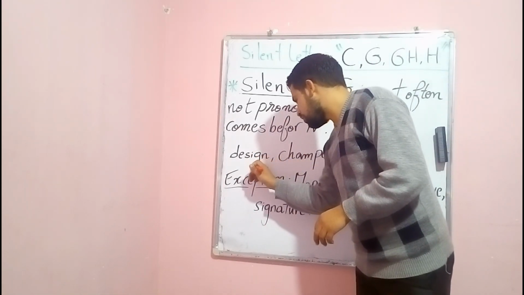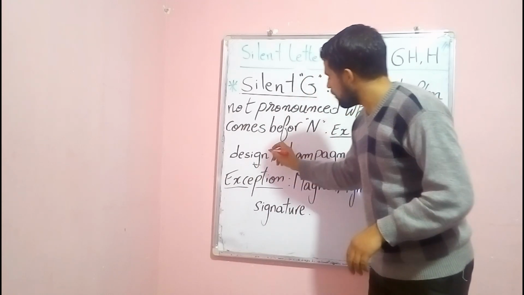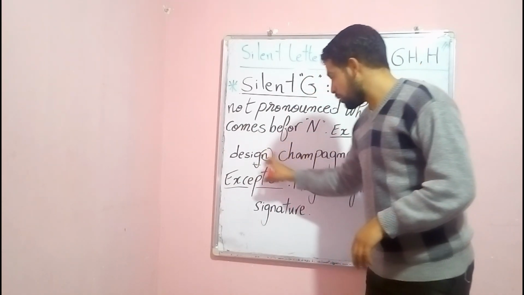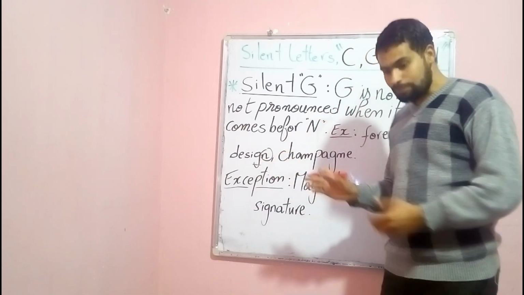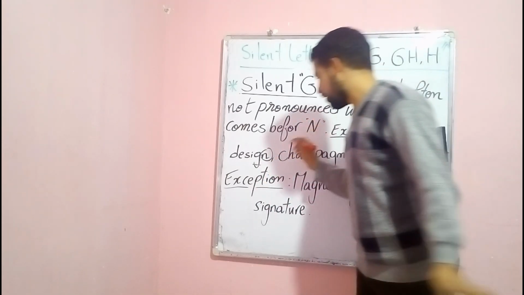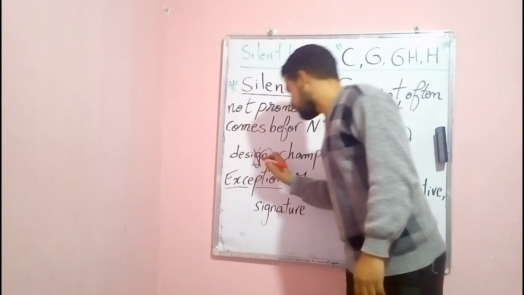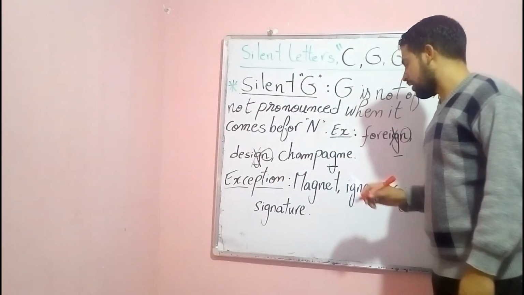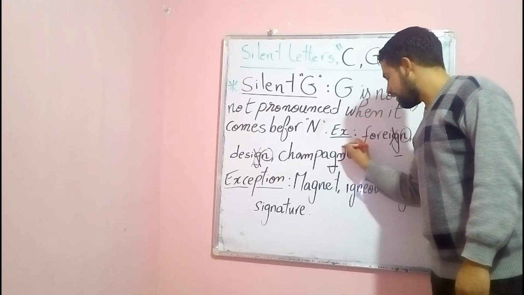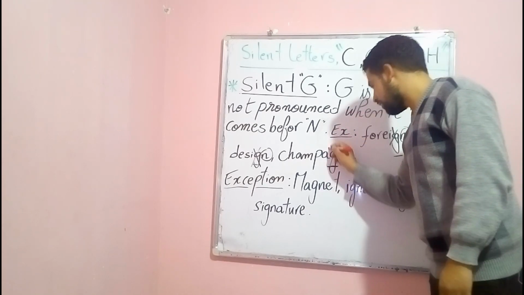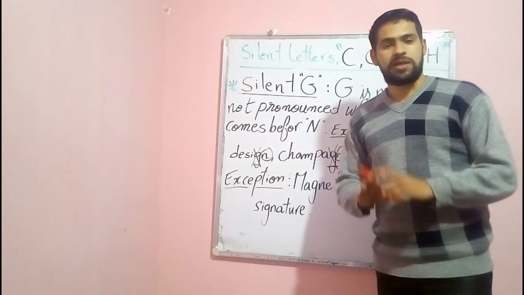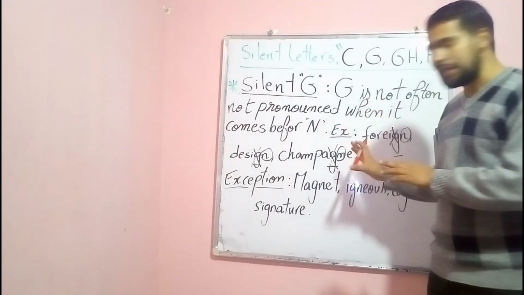We have the G here, and here we have N. So because we have N after G, we are not going to pronounce it. The same thing here with the word champagne, okay? We have N here, so the G sound or the G letter is not pronounced. I hope this is clear.